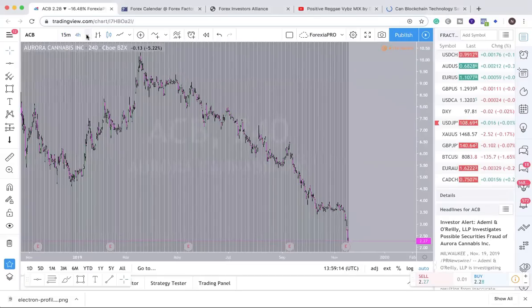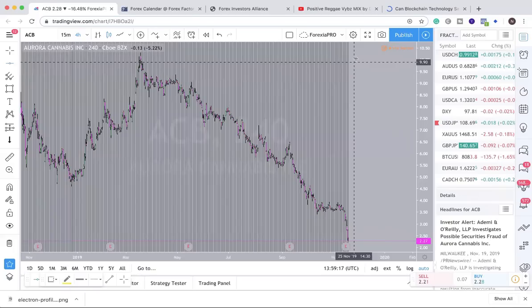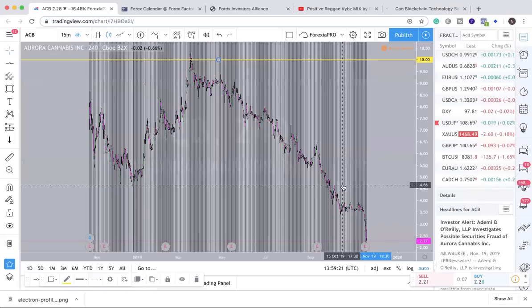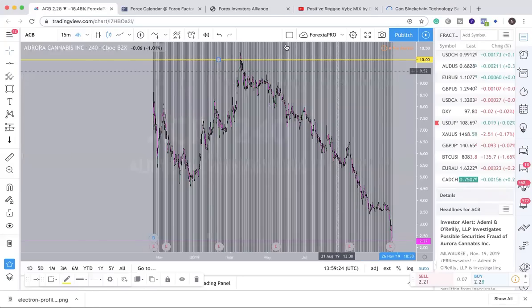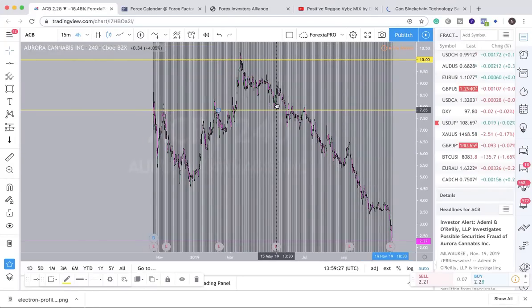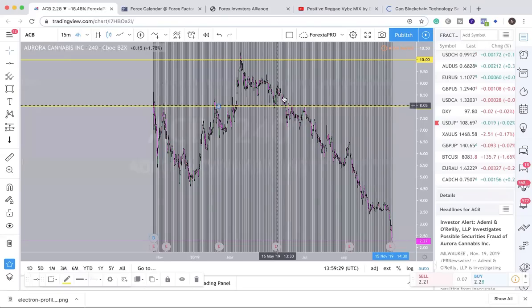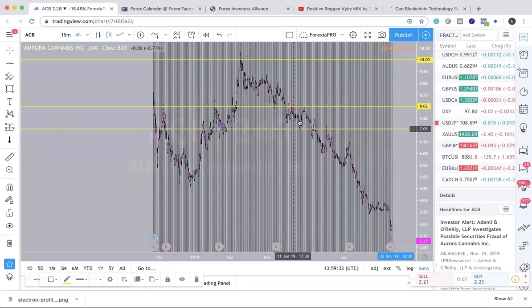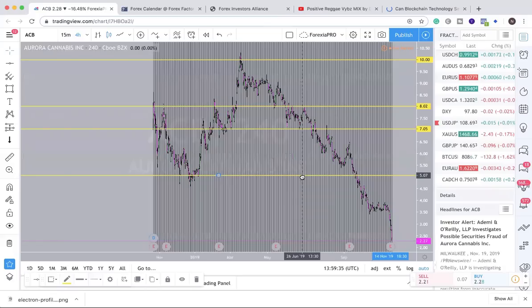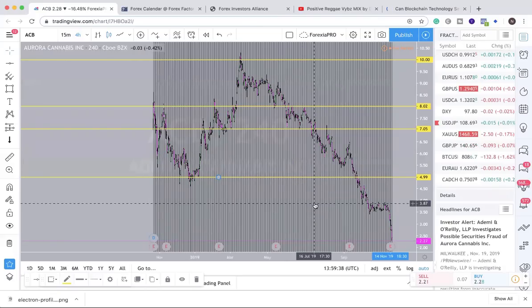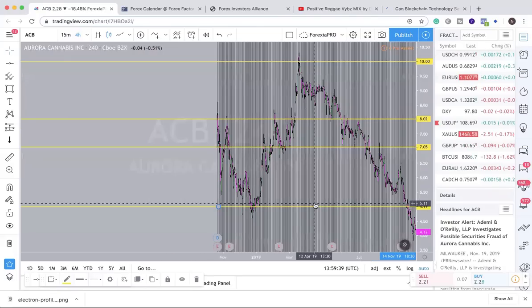It's $10, and then $8, and then $7 and $5. The last one is 380.